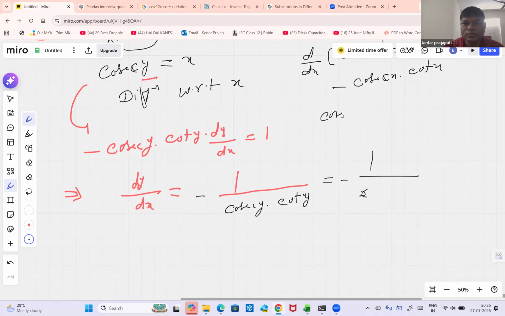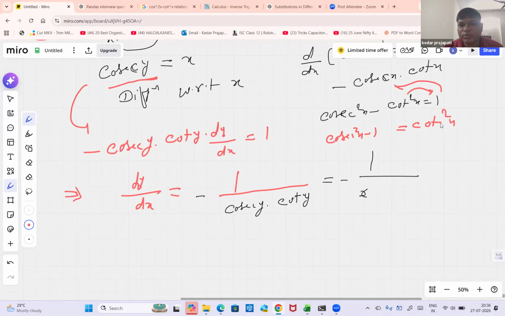Cosecant square x minus cot square x equal to 1. From here, cot square x will become cosecant square x minus 1. Always it will be from this minus this.